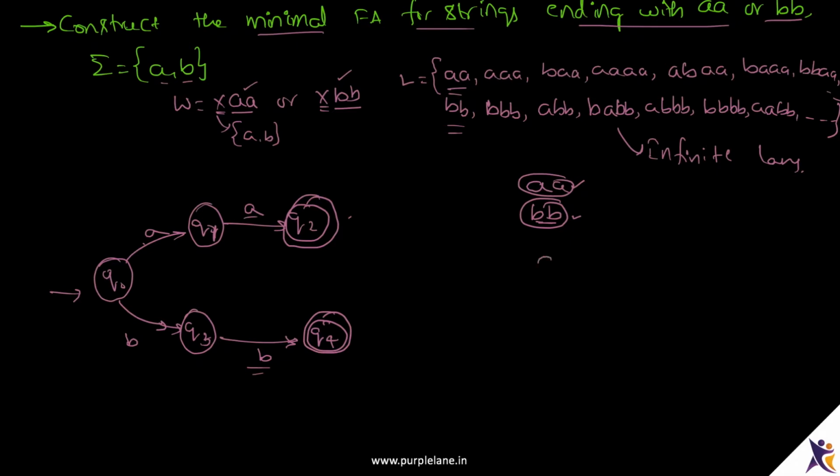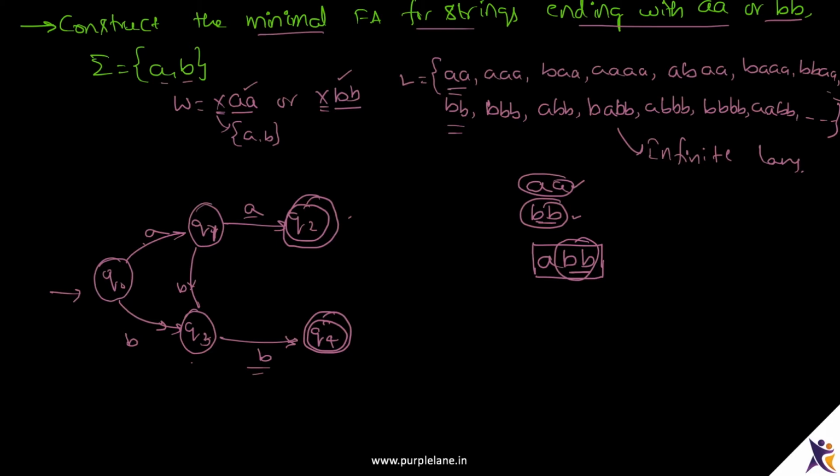We reached Q1 on seeing A. So if we have B from Q1, the machine thinks that this string might be ending with BB and it might be ending right here. So it goes to Q3 hoping that this string might be ending with BB. On seeing B from Q1 it goes to Q3.